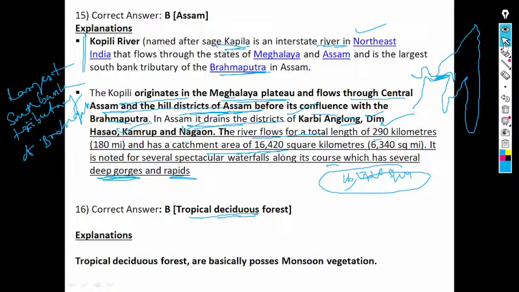Deciduous forest vegetation, if you look, deciduous forests basically possess monsoon vegetation.